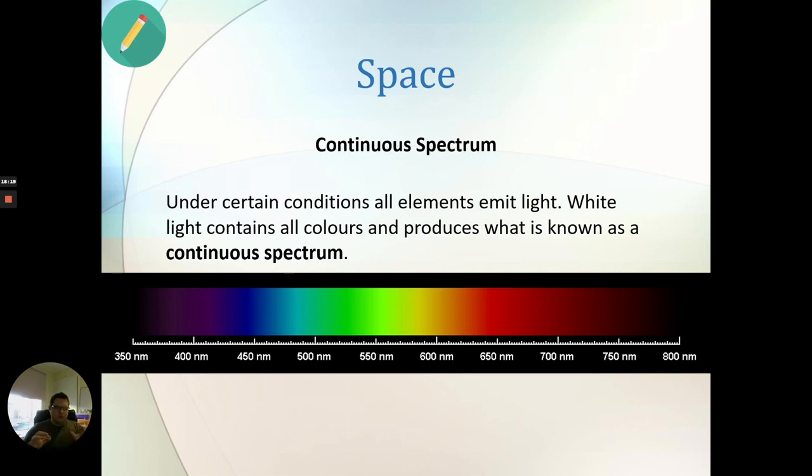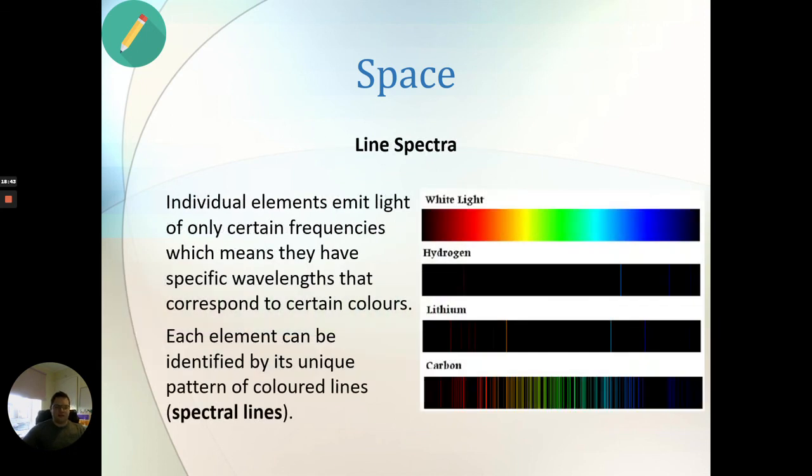The full rainbow actually expands all the way into all the invisible types of light that we can't see. But we only need to worry about the ones that we can. And the thing is, all the different elements out there, every element, when you heat it up, it gives off its own special fingerprint that lets us figure it out.